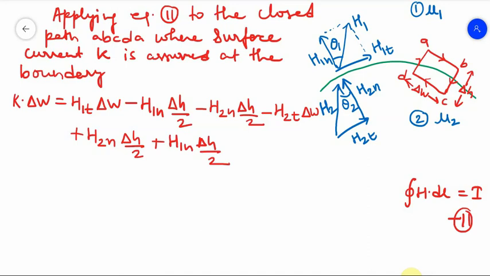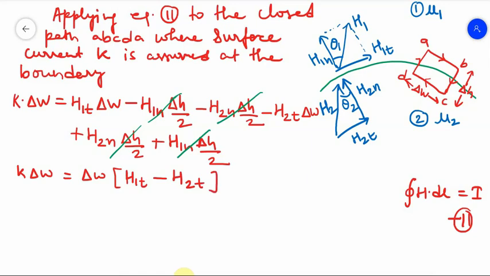There are various terms which will cancel out each other. So this H1N del H by 2 will be cancelled with this, and this H2N del H by 2 will be cancelled with this. So we are left with only two terms on the right side, H1T del W and minus H2T del W. So we have K del W equals, taking del W common, H1T minus H2T, and this del W can be cancelled out.